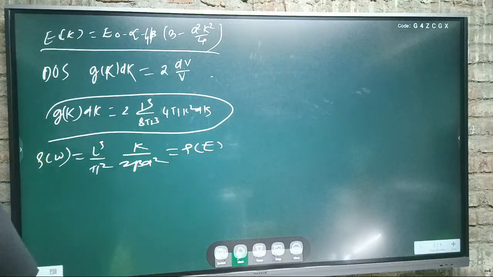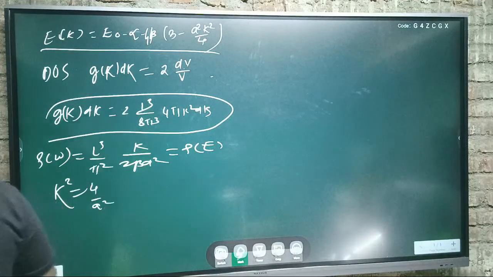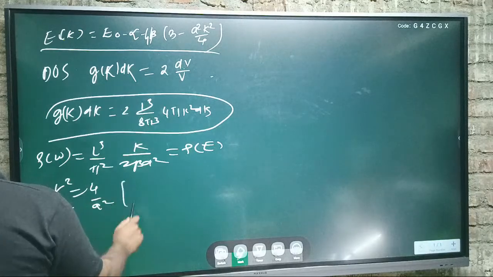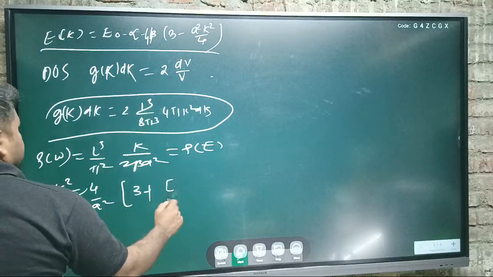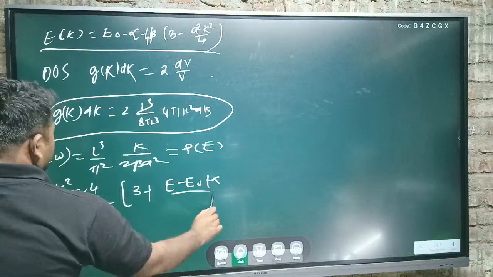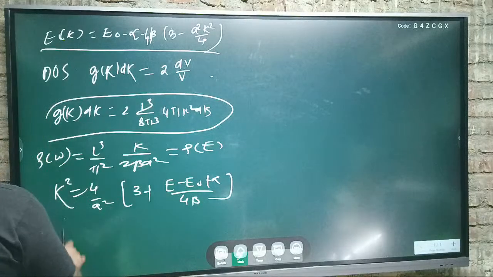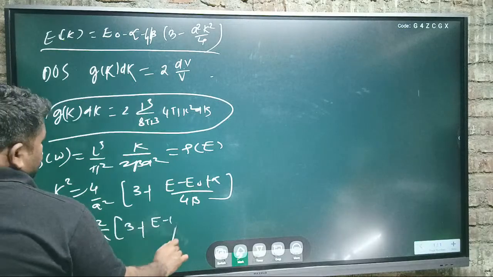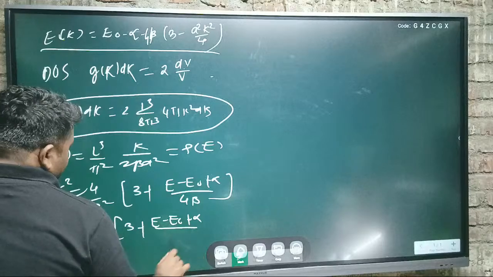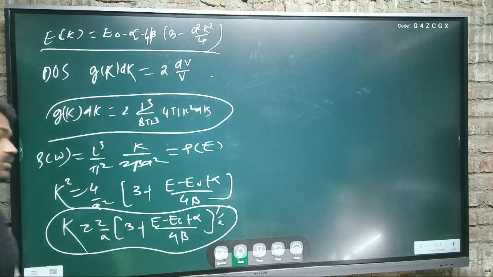Because you can write it in the form of E. And what is the value of k²? k² is equal to how much? 4 upon a² inside 3 plus E minus E naught plus α upon 4β. This is the value of k². Then what is the value of k? k is equal to 2 upon a, 3 plus E minus E naught plus α upon 4β, bracket to the power 1 by 2. This is the value of k.